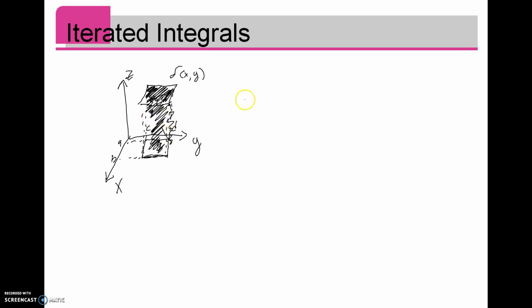In order to do so, we evaluate a double integral, and we can write that just like this. So that's the integral. It's a double integral.